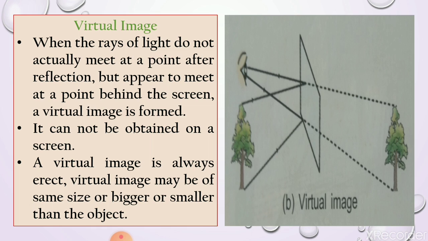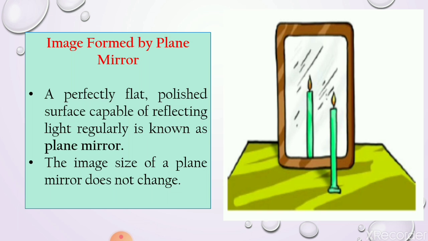Okay, so when the light rays do not actually meet at a point after reflection, but appear to meet at a point behind the mirror, then virtual image is formed. Okay, virtual images cannot be obtained on a screen because light rays do not actually pass through it. And virtual image is always erect, means upright, and these images also may be of same size or bigger or smaller than the object.